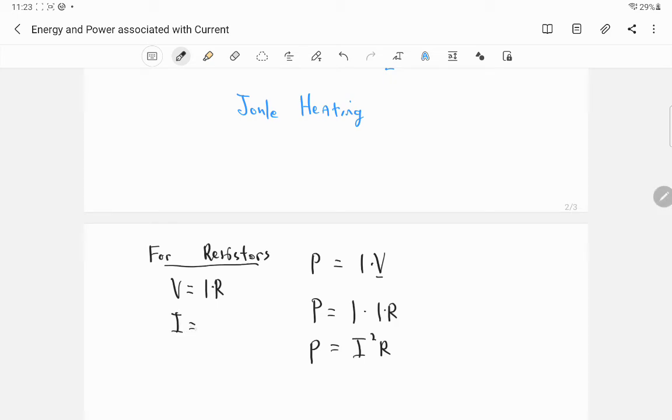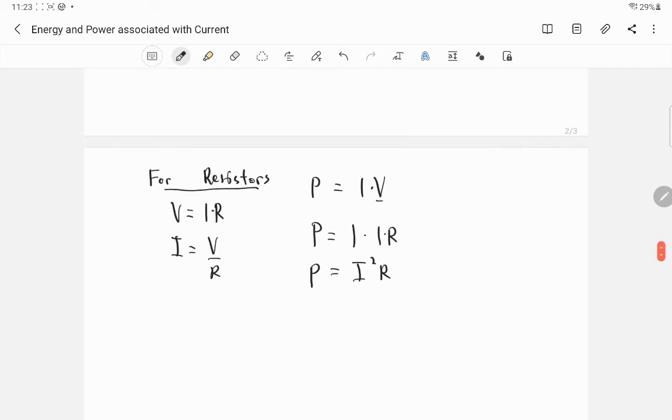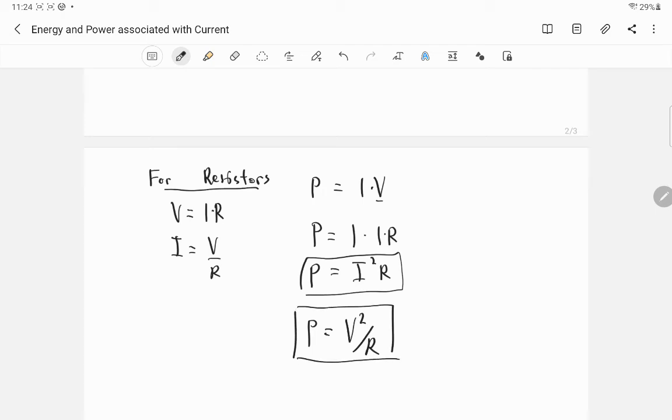I is V over R. So instead of replacing the V, replace the I, and you get V squared over R. These are heat dissipation rates from resistors.